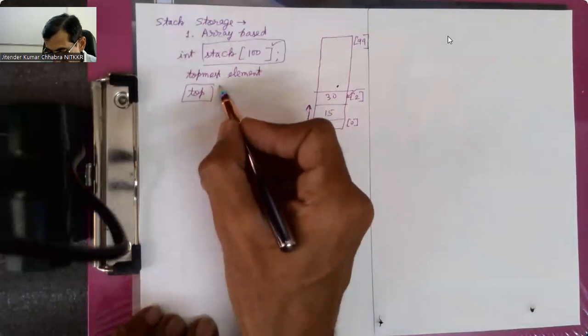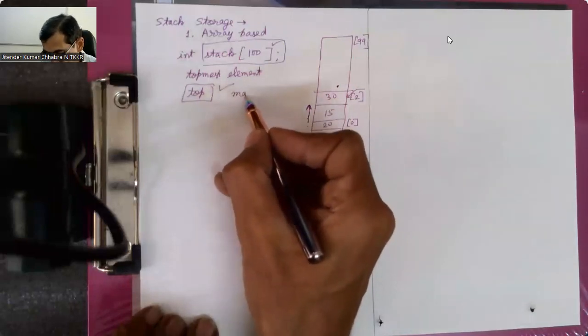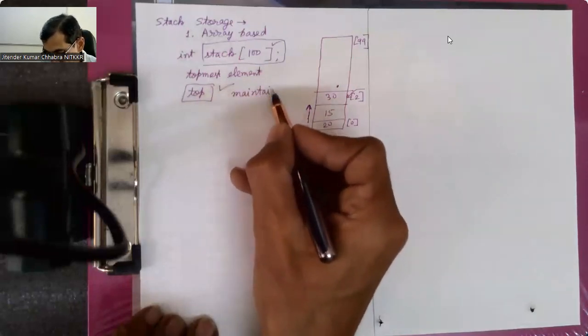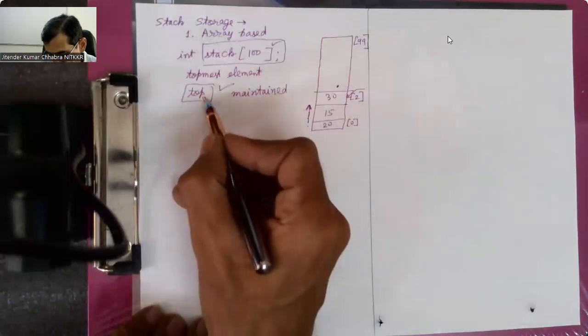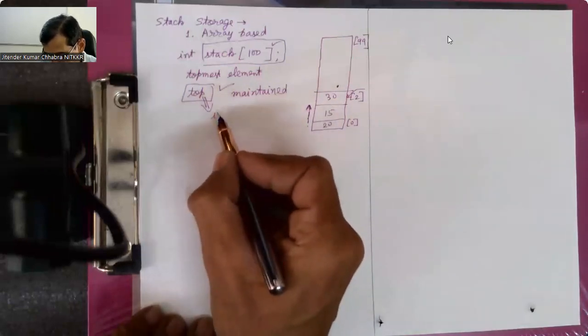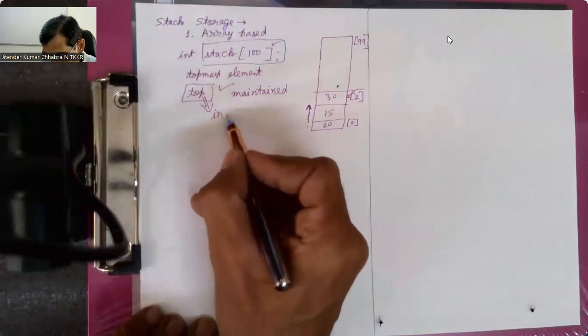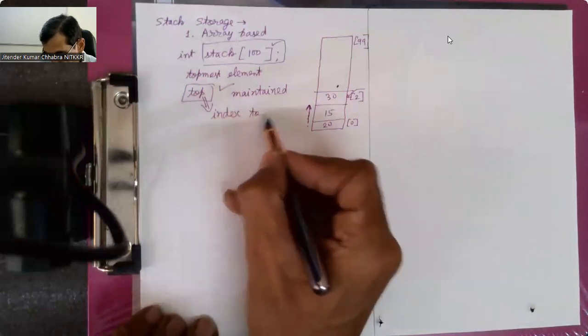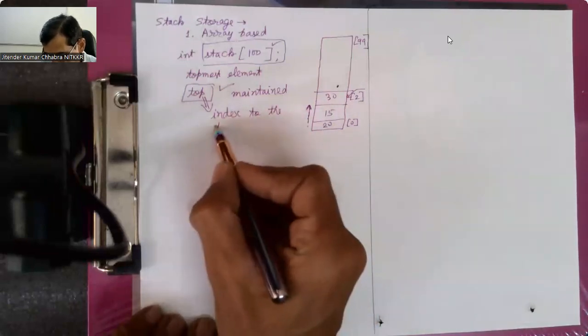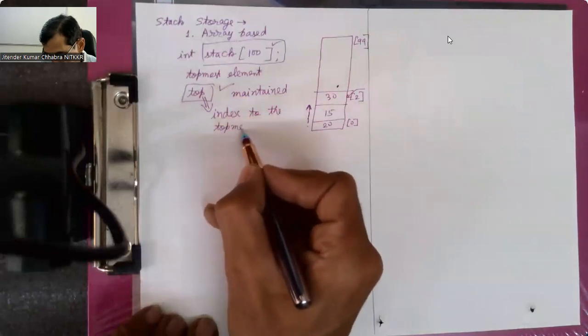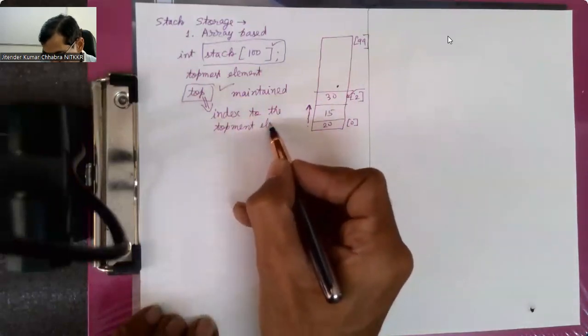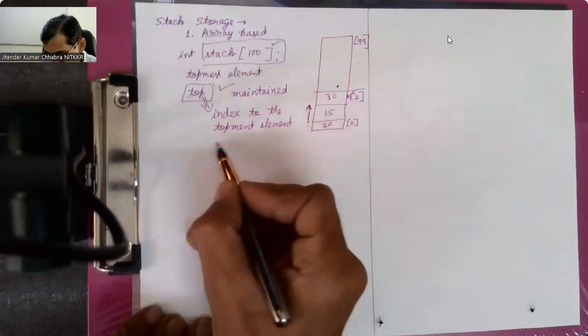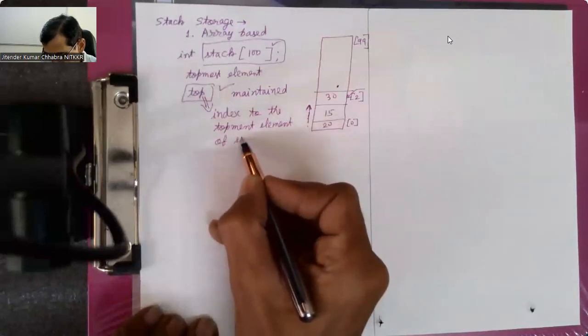So top will be another variable maintained, where top is always supposed to be the index pointing to the topmost element of the stack. In case of an array, it is an index.